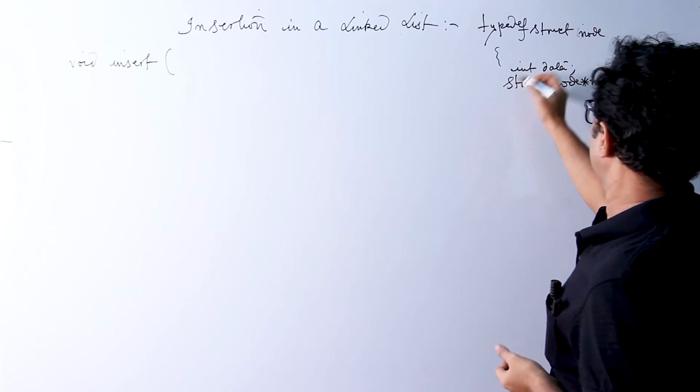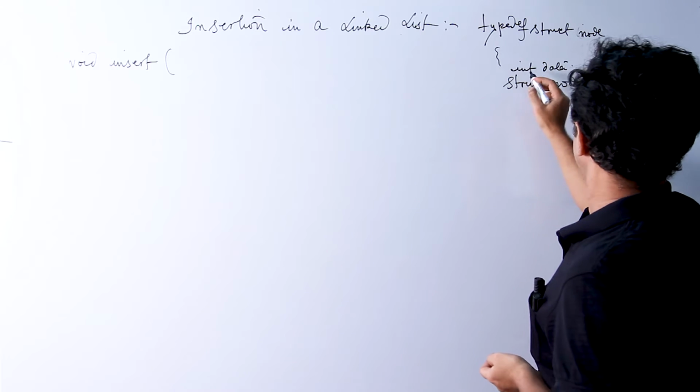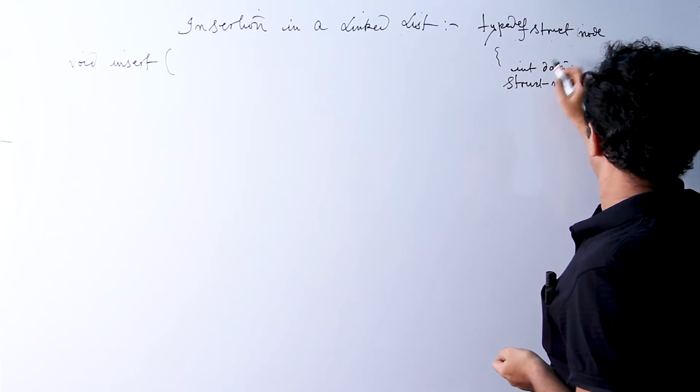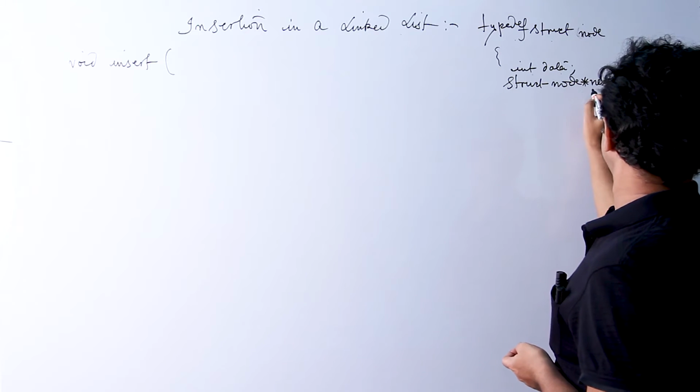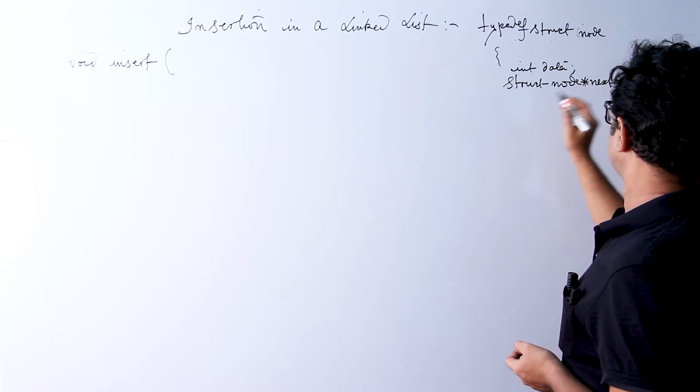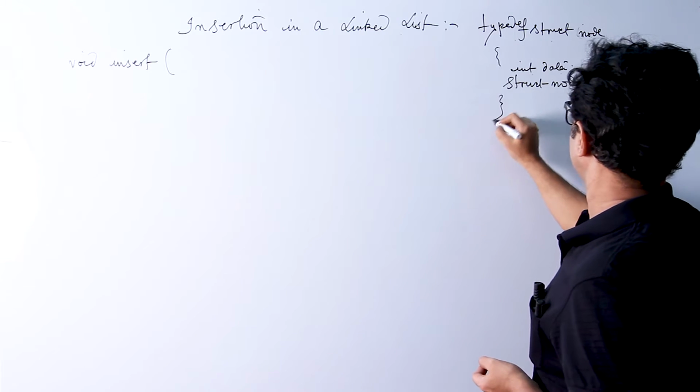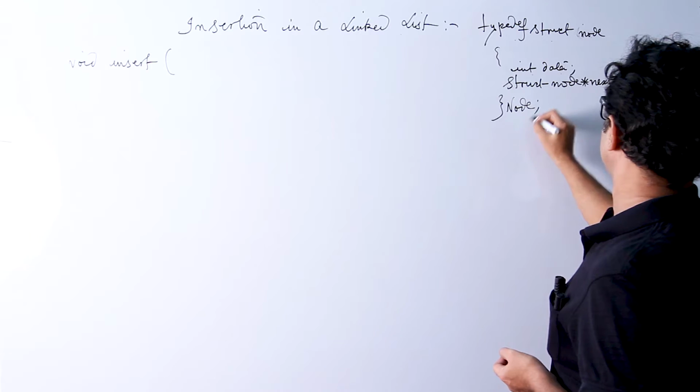So I am writing this structure over here, typedef struct node, int data, that is the data part, and this is the pointer part, that is the address part, struct node star next, and now I am going to write this as node.